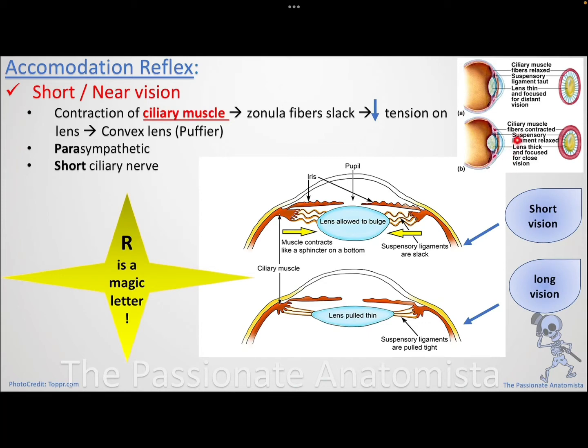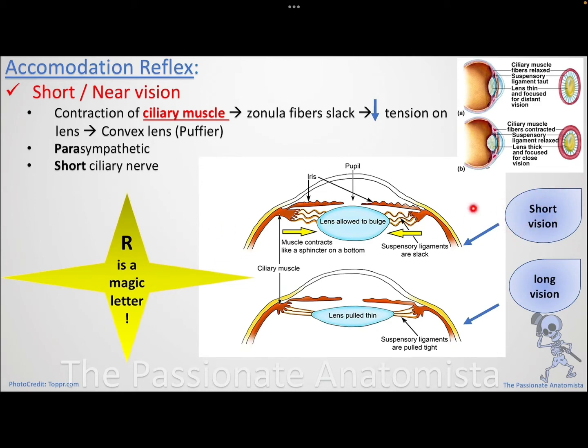Now, what happens if we have the suspensory ligament taut already? It means the lens is already stretched. But if the ciliary muscles contract, they will relax the suspensory ligament and the lens is going to become puffier. Okay, so please memorize only one thing and the other thing will become very easy.